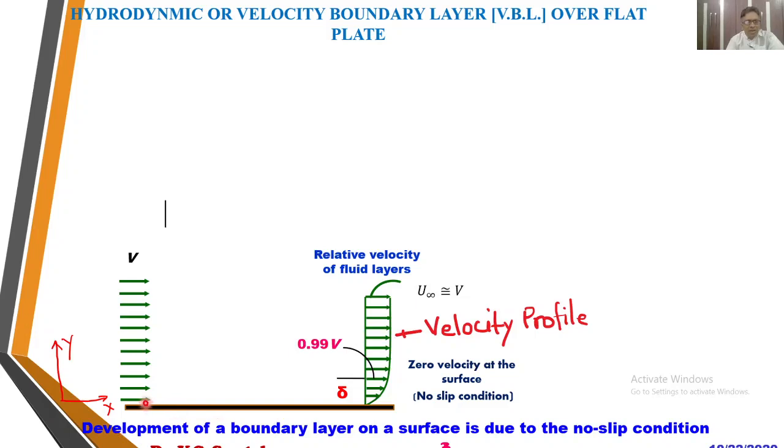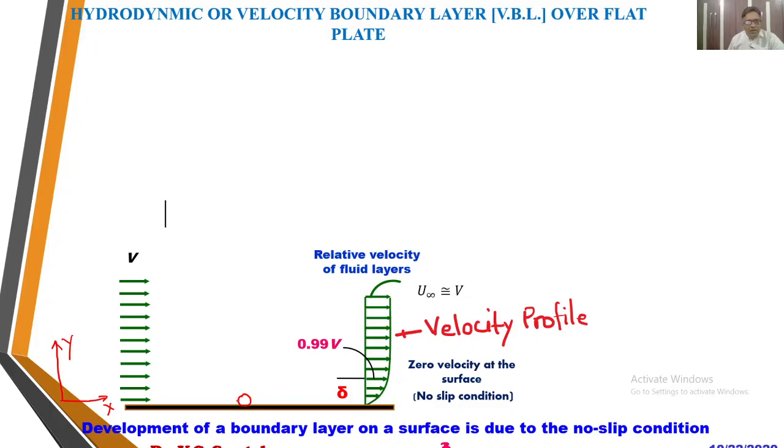Now the fluid layer which is in contact with this stationary flat plate will also come to a state of rest. That is, molecules of this layer adjacent to the stationary flat plate will have zero velocity, and this is called the no slip condition.